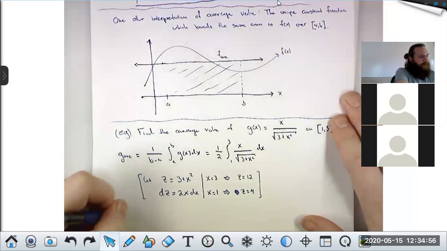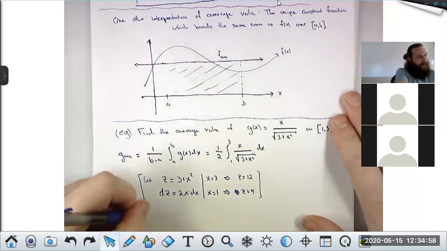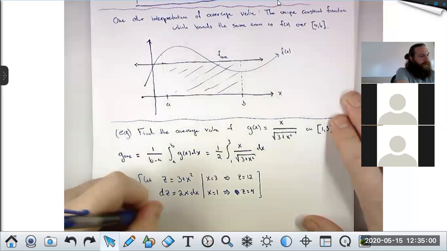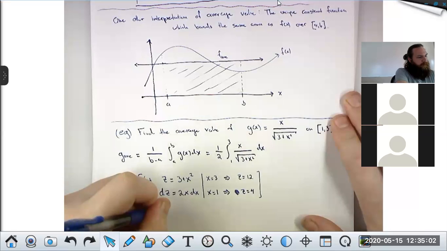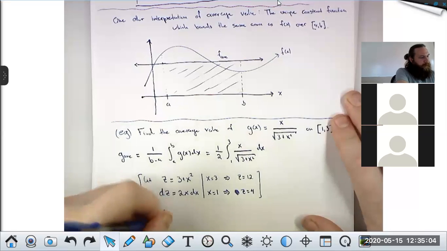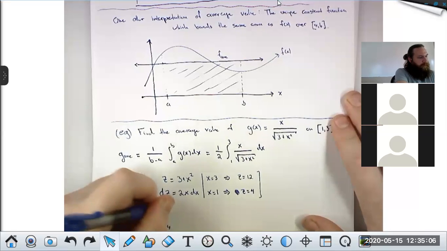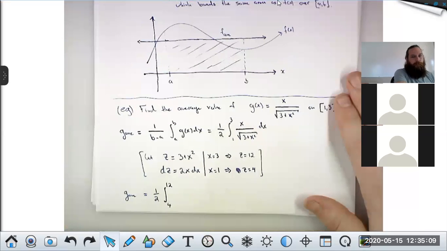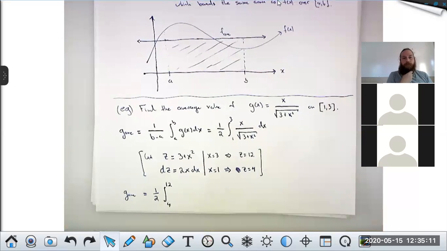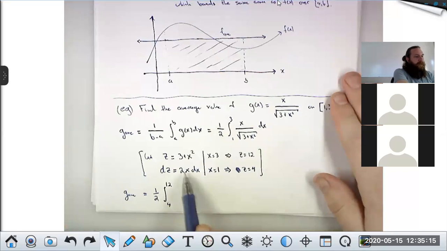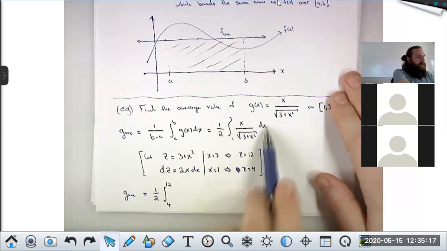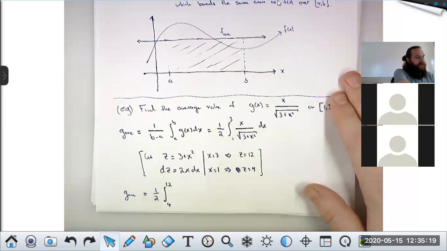And under that substitution, my integral becomes, I've still got that 1/2, still got my integral, but now it runs from 4 to 12 instead of from 1 to 3. My x dx upstairs, x times dx, is the same as 1/2 dz.